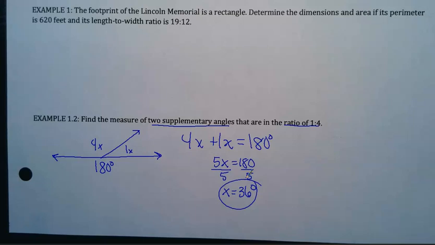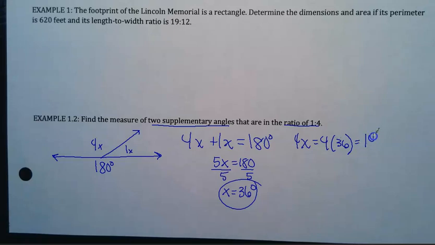All right, so again, kind of an intermediate answer because it wants to know the measure of 2 supplementary angles. Well, that's actually one of the angles, right? Angle 1x is 36 degrees. Angle 4x is going to be 4 times 36, which is how many degrees?